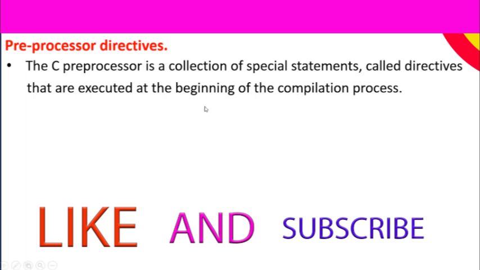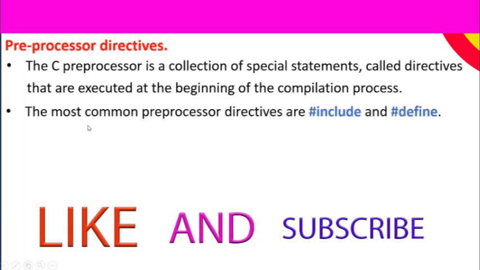Now, the most common preprocessor directives are include. When we are including these files called preprocessor directives, we use this symbol hash. You write hash and say include, when you are loading the files called preprocessor directives.